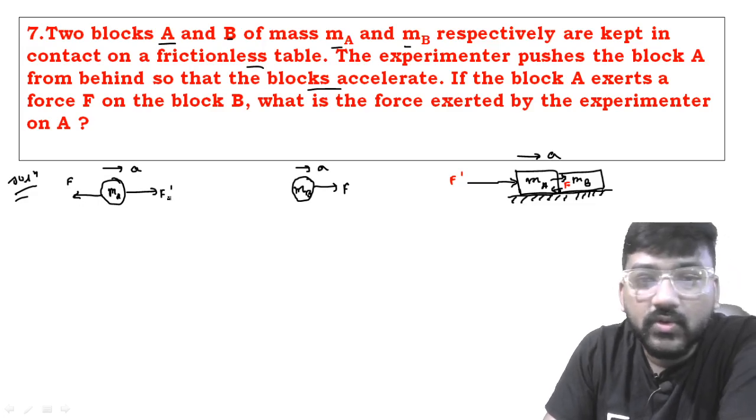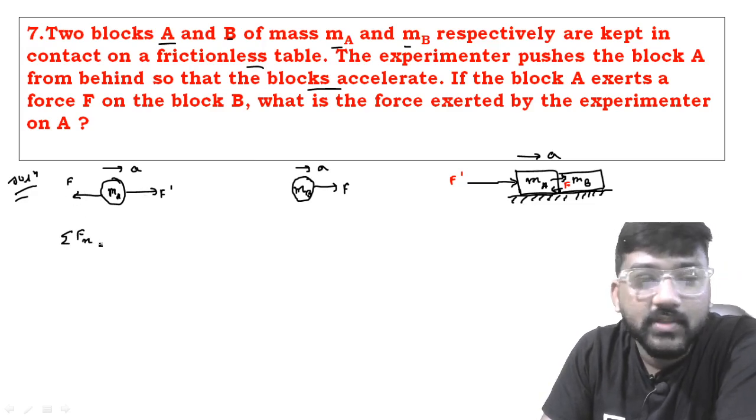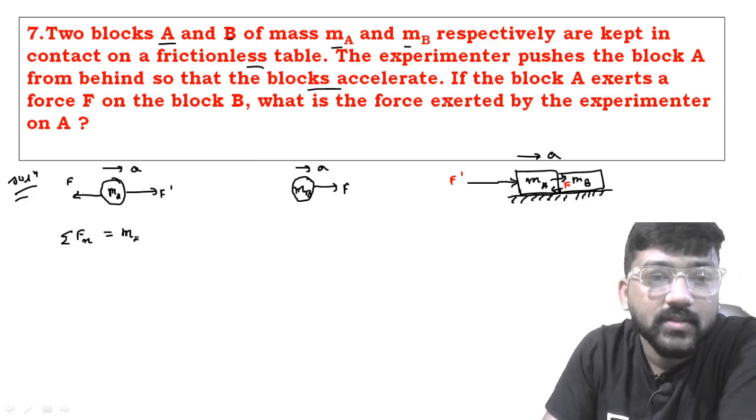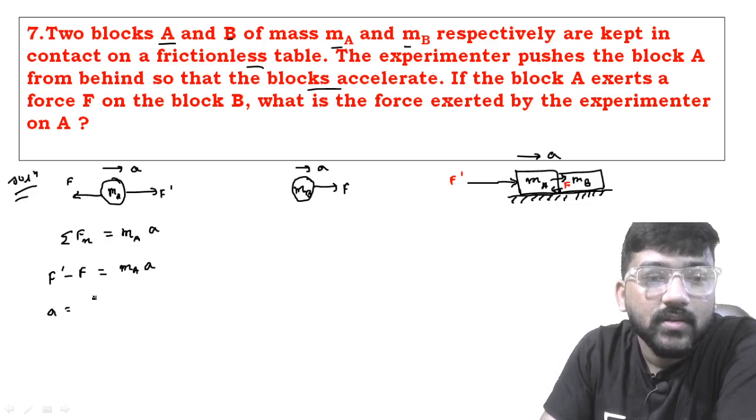Using Newton's equation, summation Fx, the net force along the x-axis, is equal to mass into acceleration, that is ma into A, and that is F dash minus F. So you will get A from here. A will be F dash minus F divided by ma.